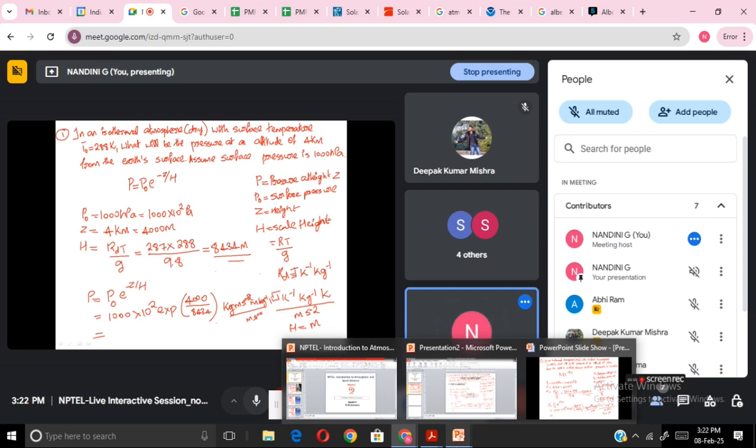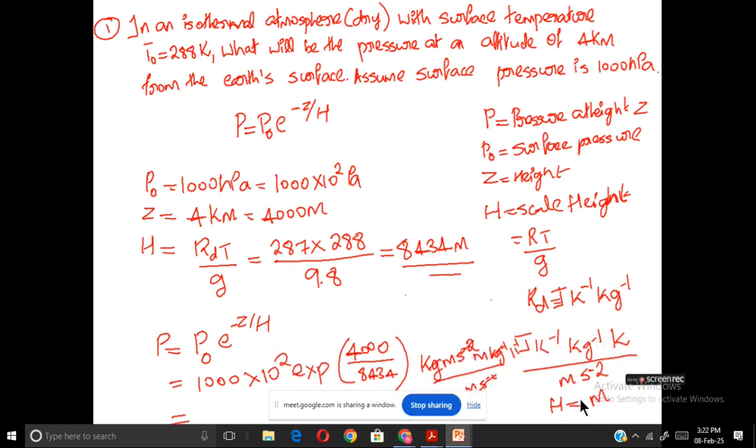So the exponential of 4000 divided by 8434 will be 1.6. The value of the exponential will be 1.6. Like 1000 into 10 raised to 2 into 1.6.